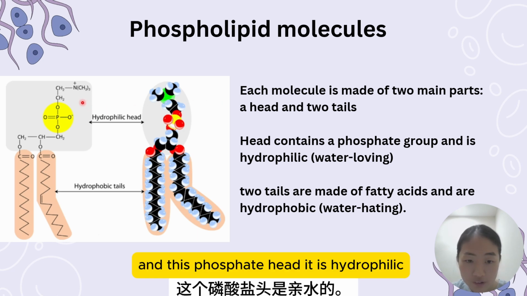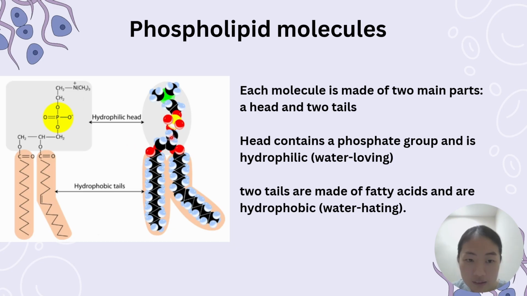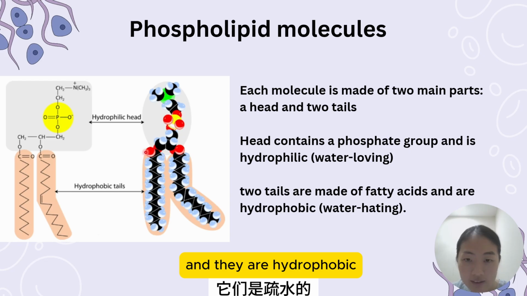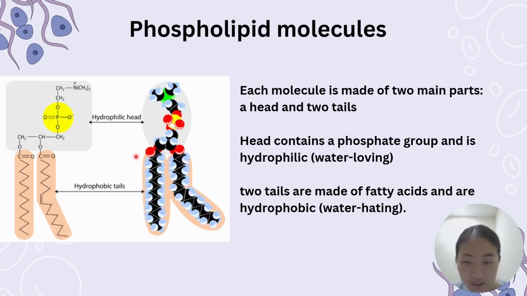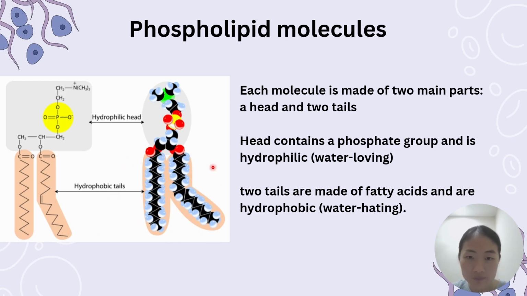This phosphate head is hydrophilic, meaning it is water-loving. The two tails are made from fatty acids and they are hydrophobic, which refers to water-hating. They are unable to interact with water molecules.